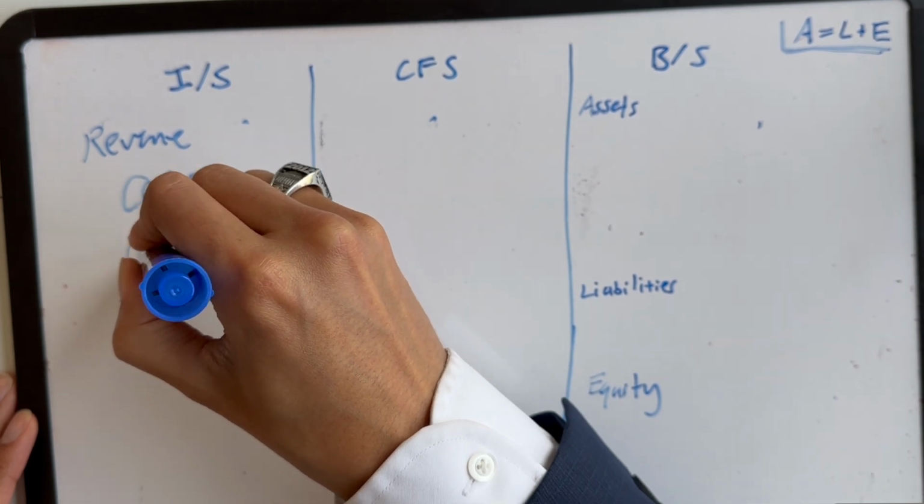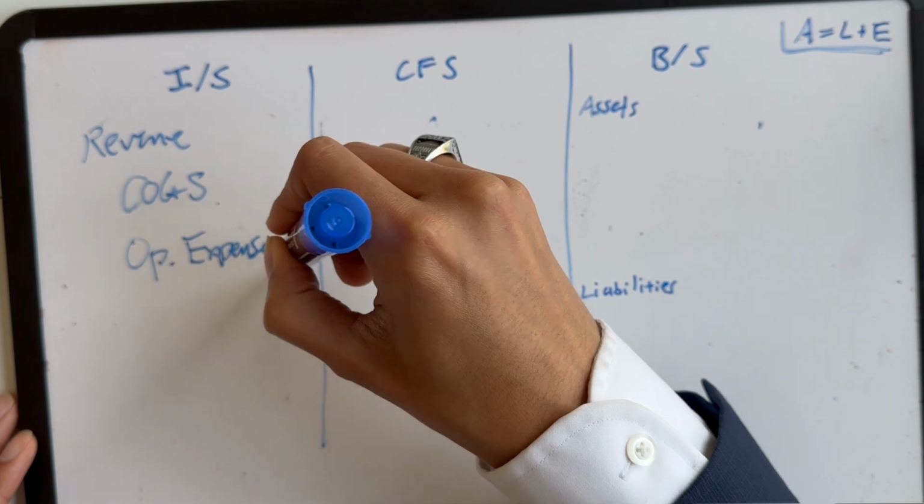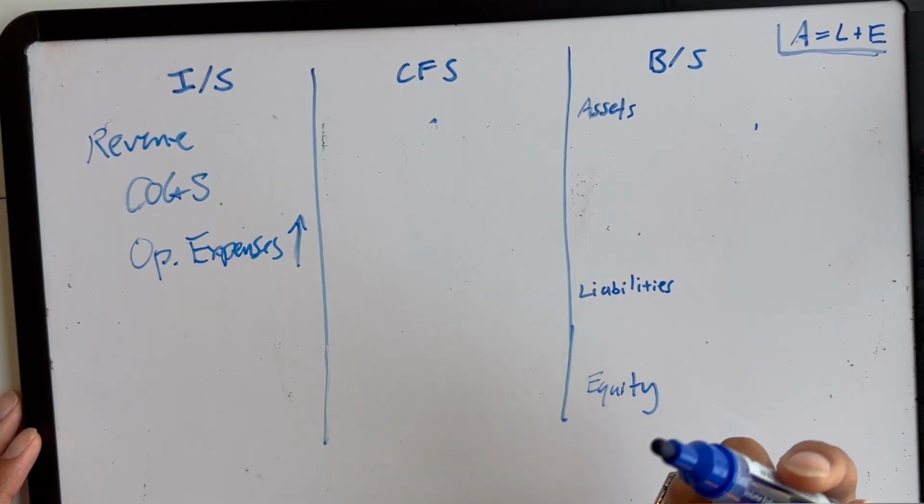So we'll just call them operating expenses. So let's say that you need to go pay some suppliers for some kind of data or service, or you need to hire some employees or something like that. So your operating expenses go up. So you have some kind of cost here.